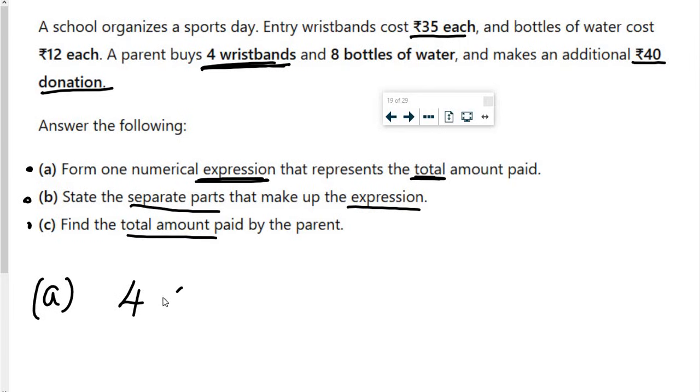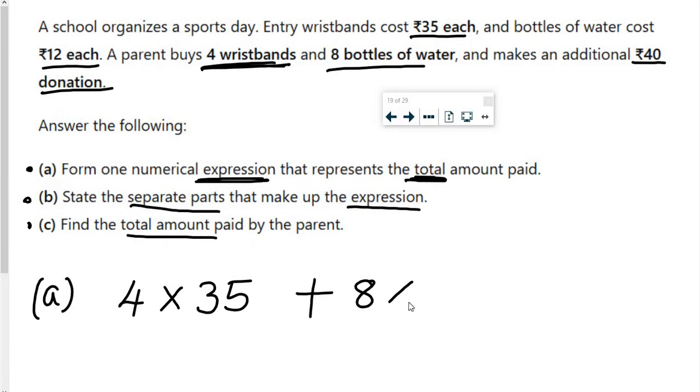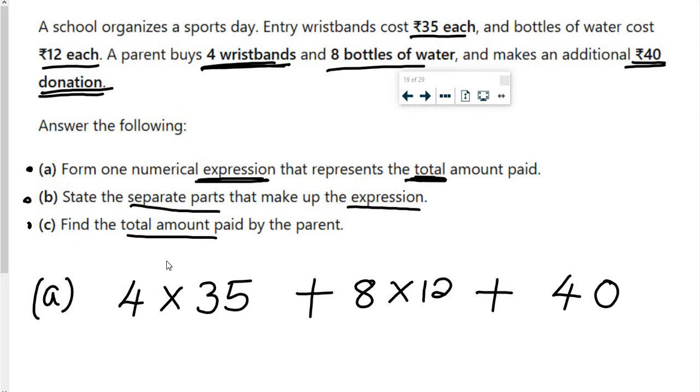So 4 into 35. Because we are looking for the expression that represents the total amount, we need to add 8 bottles of water, but each bottle costs 12 rupees. So we're going to write 8 into 12 plus a donation of 40 rupees. So this will be the expression required.